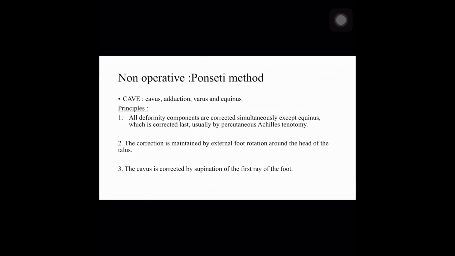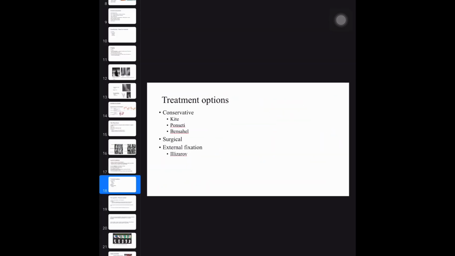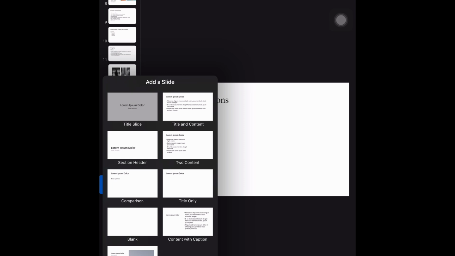Now, if the child presents late, I'll make a new slide over here. What will you do for someone who is presenting late? For late presentation, you are going to go for serial manipulation.